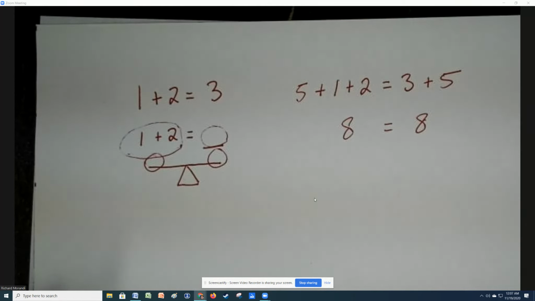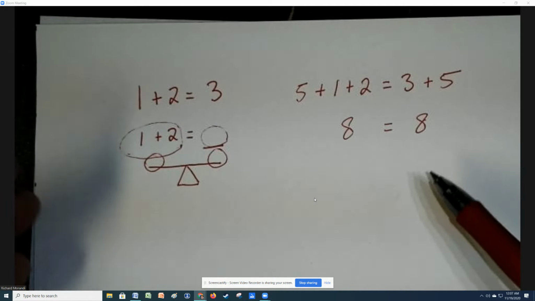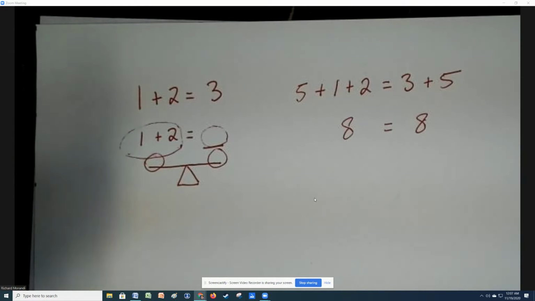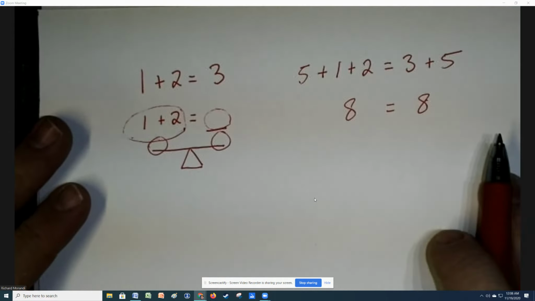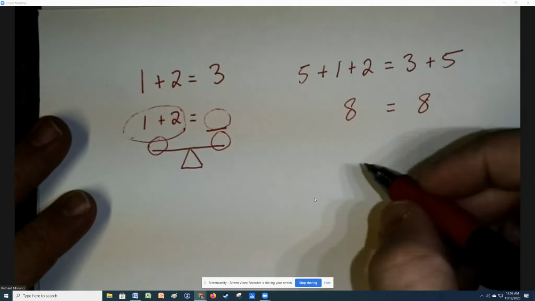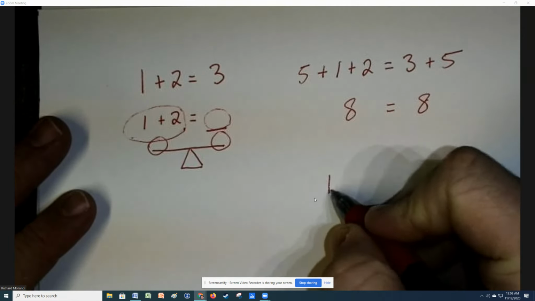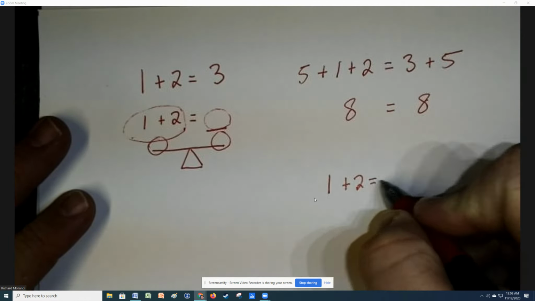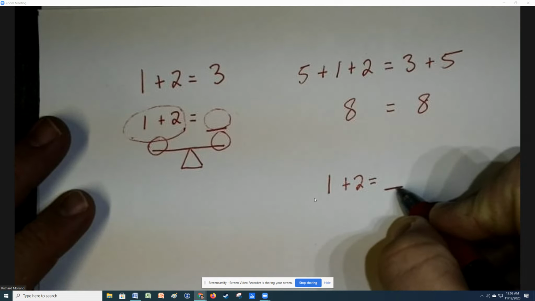If you haven't taken algebra before, algebra explores math using the equal sign more as a tool than as a finish line. What we try to do is solve for certain variables. A variable is just when we take one of these numbers and say, 1 plus 2 equals 3, or equals what number?